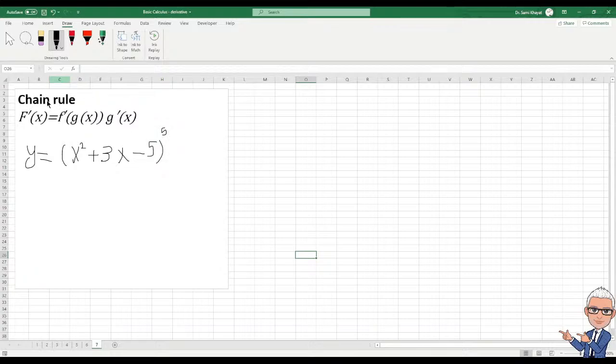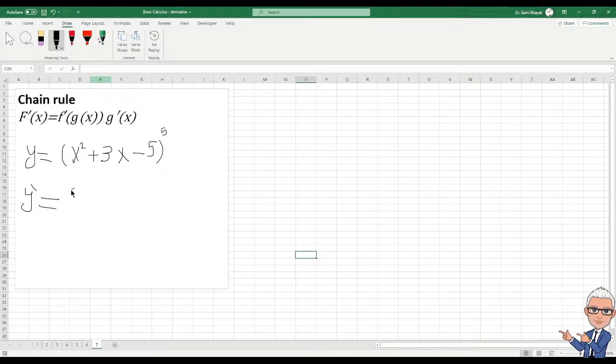Now, we will use the chain rule here. The chain rule says you take the derivative of the whole thing as it is, times the derivative inside. Okay, let's see how it works. What is the derivative of this one? Just imagine this one is one variable.